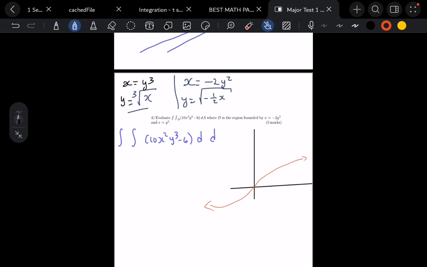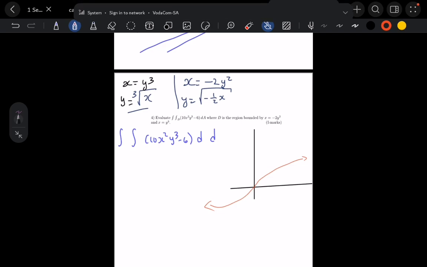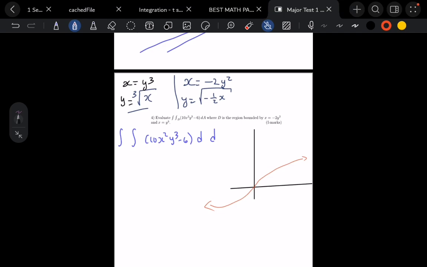For x equal to minus 2y squared, if you substitute positive values of y, you're always going to get something like this. Now I see the diagram. I know sometimes it is hard to draw these, but you've got to trust yourself.